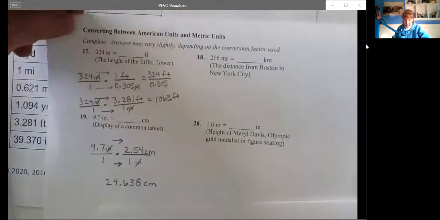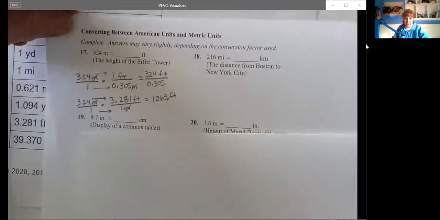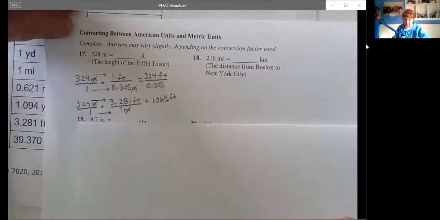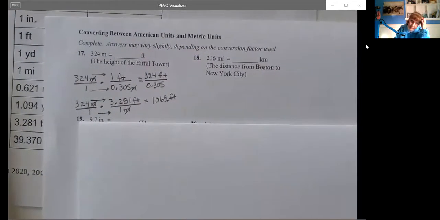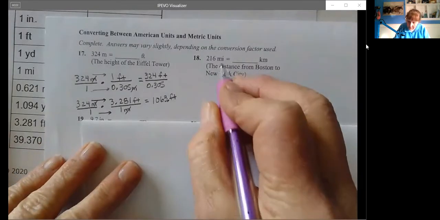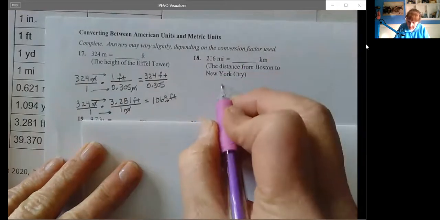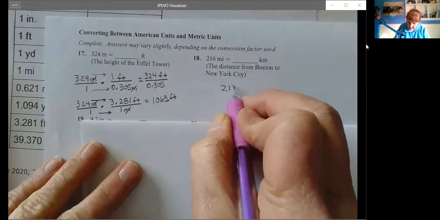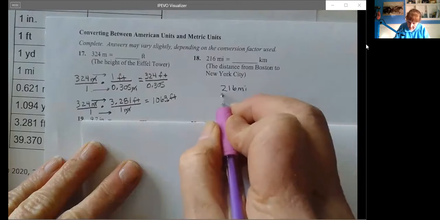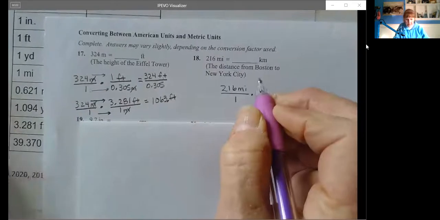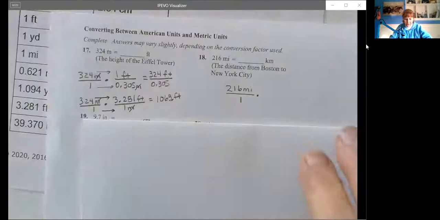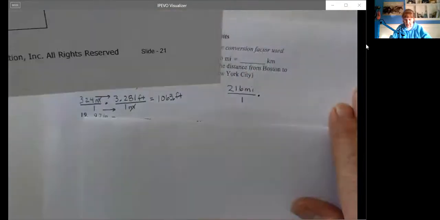Here, let's see. We have 216 miles is how many kilometers, and this is the distance from Boston to New York. So we need some type of a conversion between miles and kilometers. And let me put the 216 miles over 1 times. Let's look at our chart here. And again, I'm going to give this to you so you can run it off.